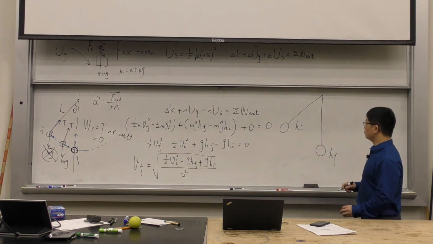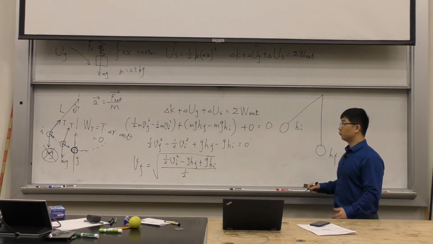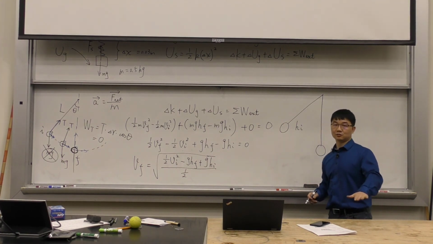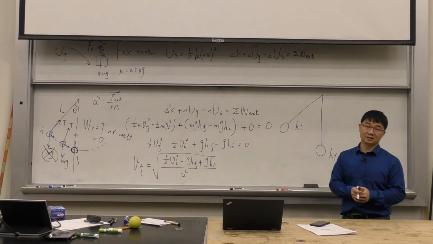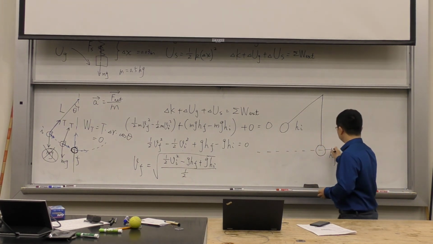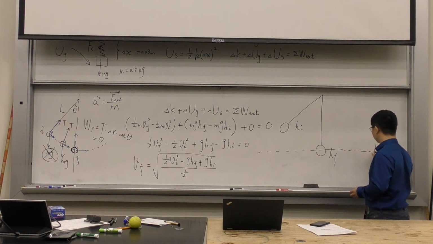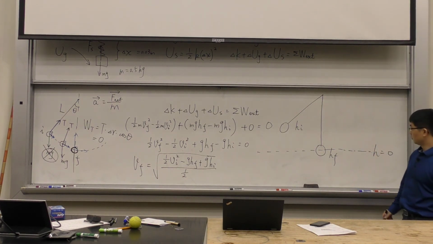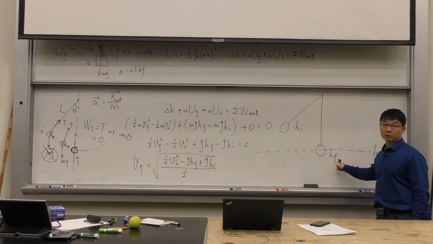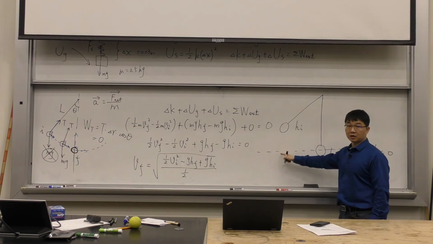So what we do, because a lot of people are afraid of negative numbers, we just pick the lower one as a 0 height. So the other height is going to be positive, right? So in this case, why don't we say this is my 0 height? This is where I'm going to count the height. So I'm making my final height 0. So the initial height you see is higher than that, so it's going to be positive.